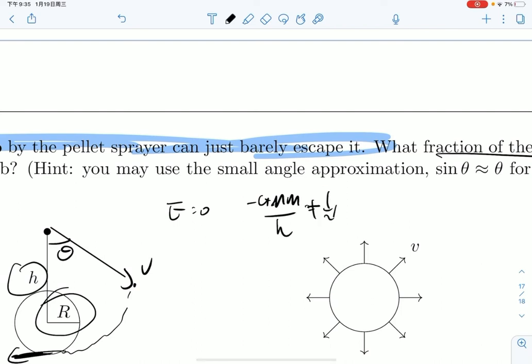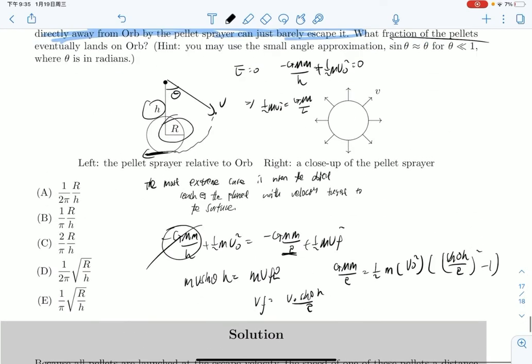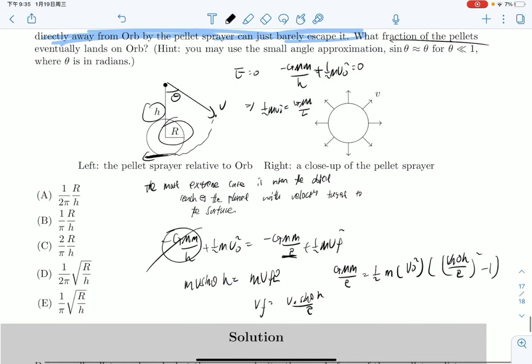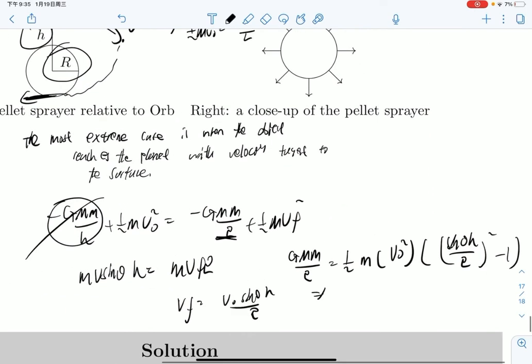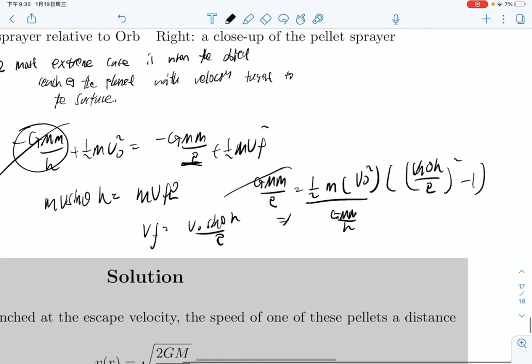We have 1/2 m v0 squared to be G big M small m divided by h. So now you can see this is equal to G big M small m divided by h. You can move the h to the side. You can have h divided by r.